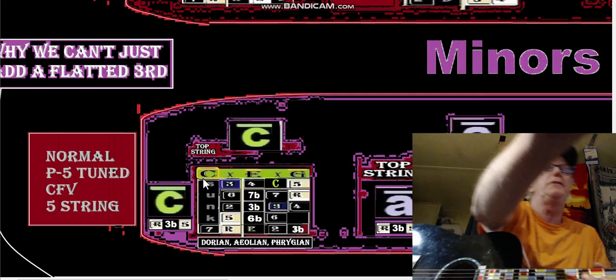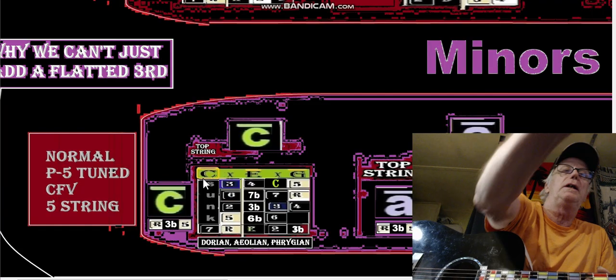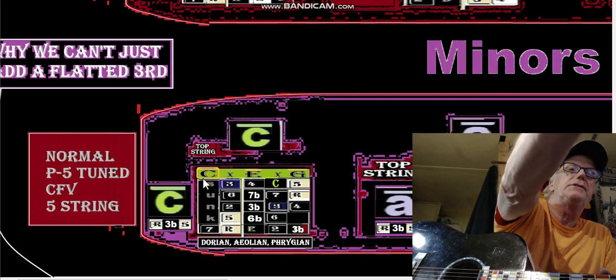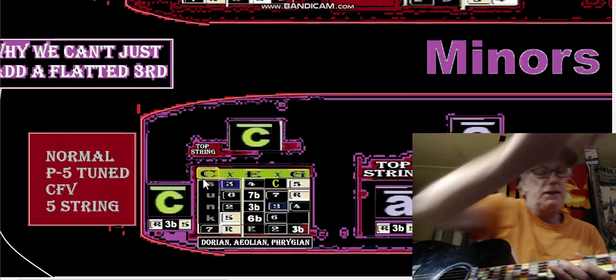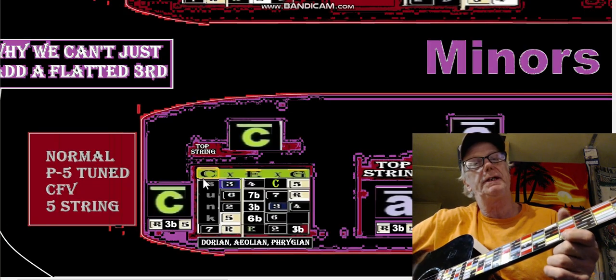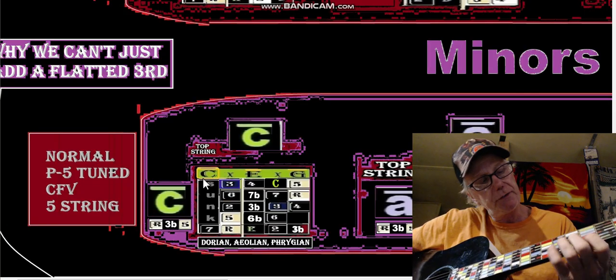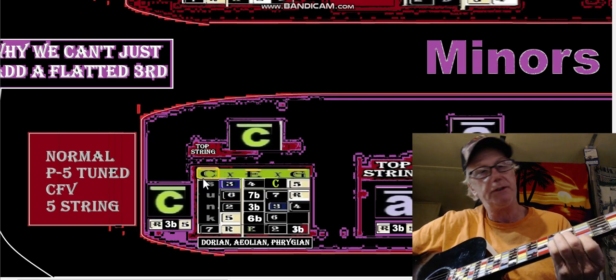So if we have an E chord here, the relative minor is C sharp. Its third is right here on the bar there. So it's a D minor shape, but it's down here.